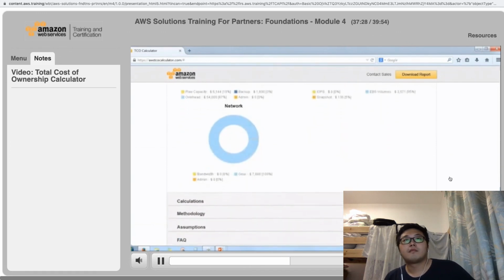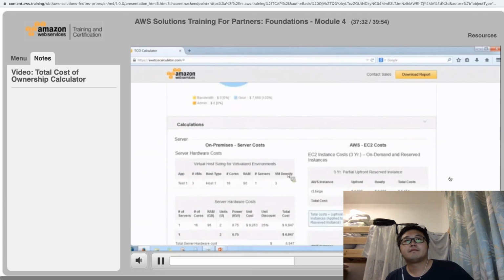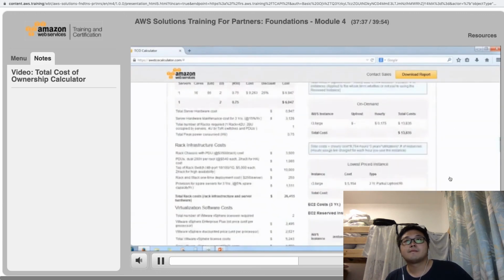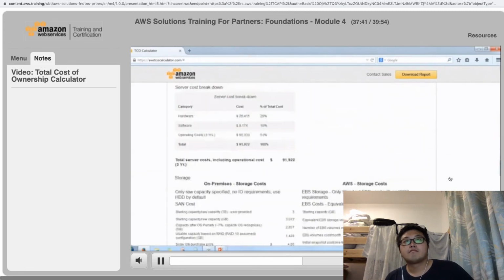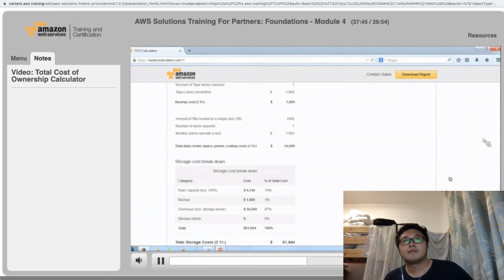And you can get even further details on the calculations. So there's a great amount of detail that allows you to build a really strong business case around how the savings were realized. And when you have all this information, you can download the report, export it as a PDF, and socialize it and share it accordingly.